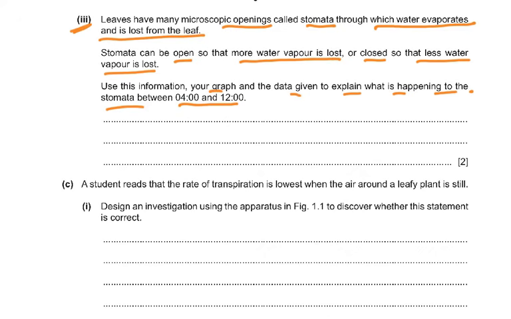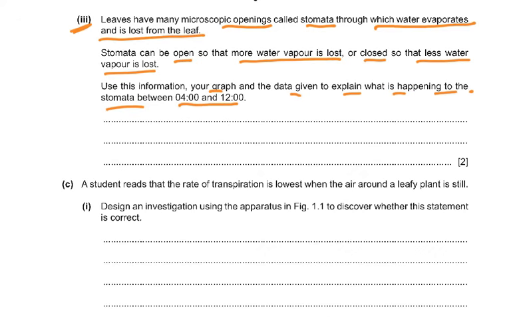Use this information and the data given to explain what is happening to the stomata between 400 hours and 1200 hours. Morning time is the beginning of the day, there's more light intensity, or you can say sunlight has increased. We've offered our Fajr prayers and now it's getting morning, and there is nice light increasing. So the sun is coming out and there's more and more light, so sunlight has increased.